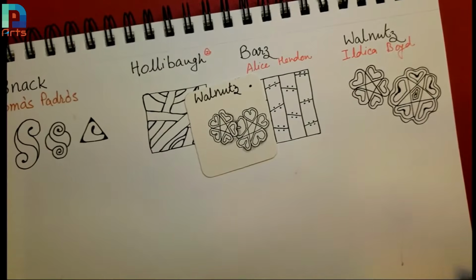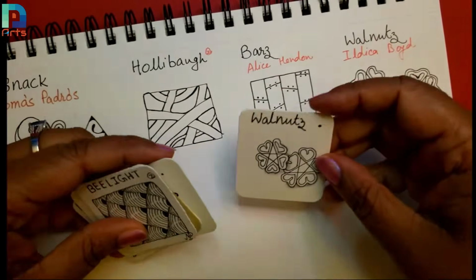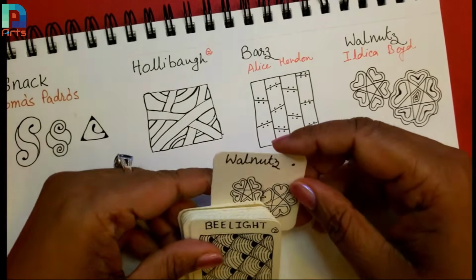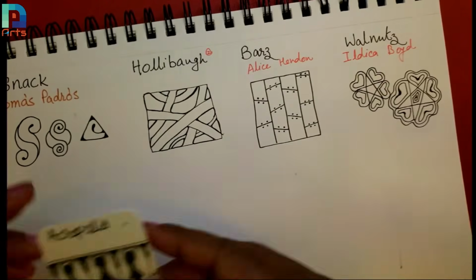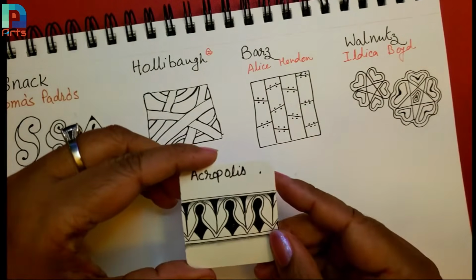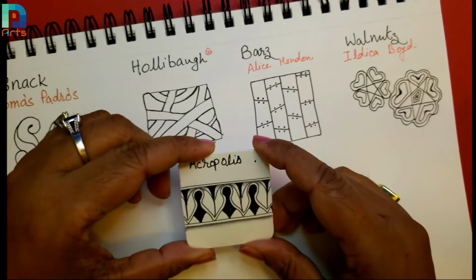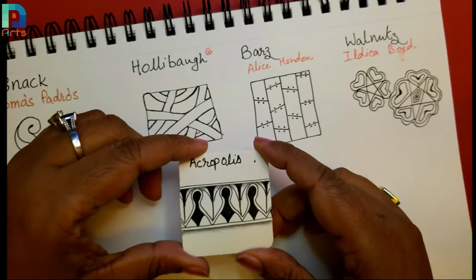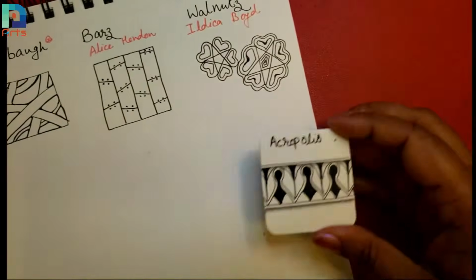Okay, so we are done with the 16 tangles, Walnuts, and now I'm going to add the new tangle, that is day 17. This is called Acropolis, and this tangle is perfect for frames and borders. The frame and border tangle category works perfectly for this one.